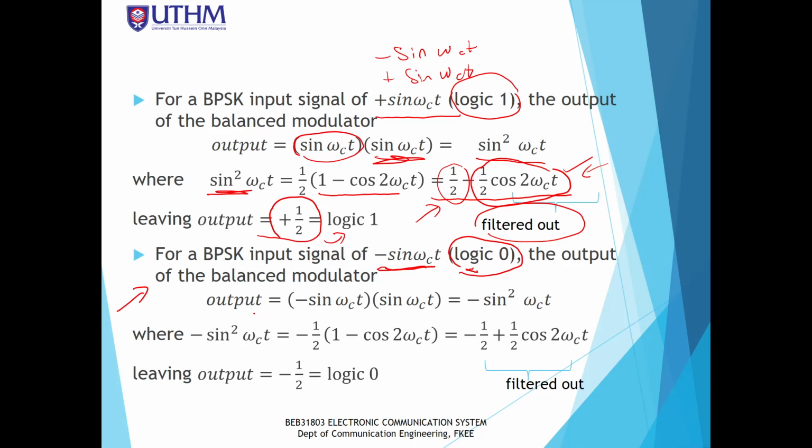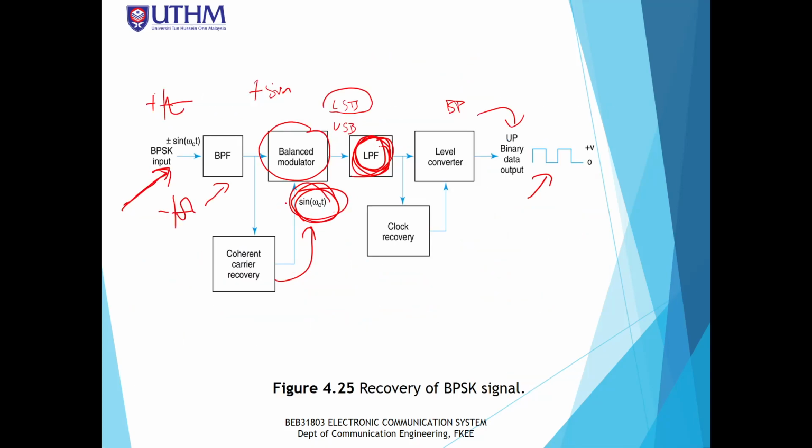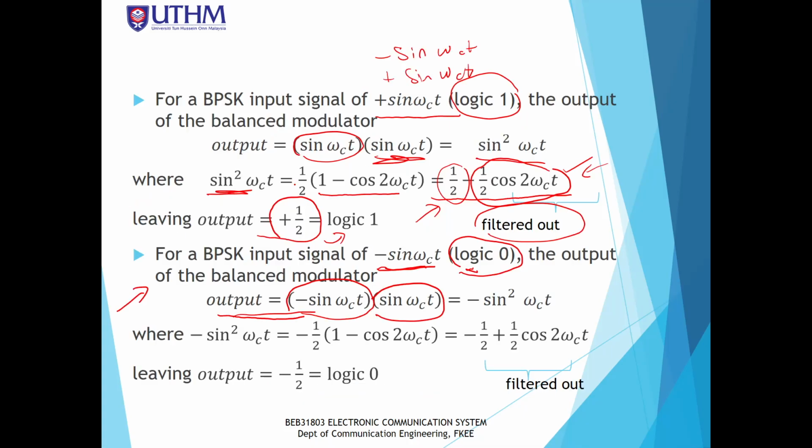At the output of the balance modulator, we receive the input negative sine and multiply it with sine omega ct. So we produce negative sine squared omega ct. Using the trigonometry identity, that is minus 1 over 2, 1 minus cos 2 omega ct.